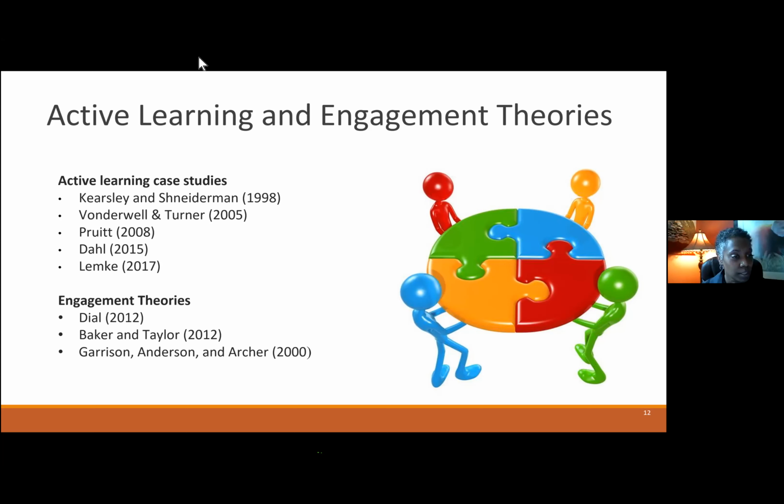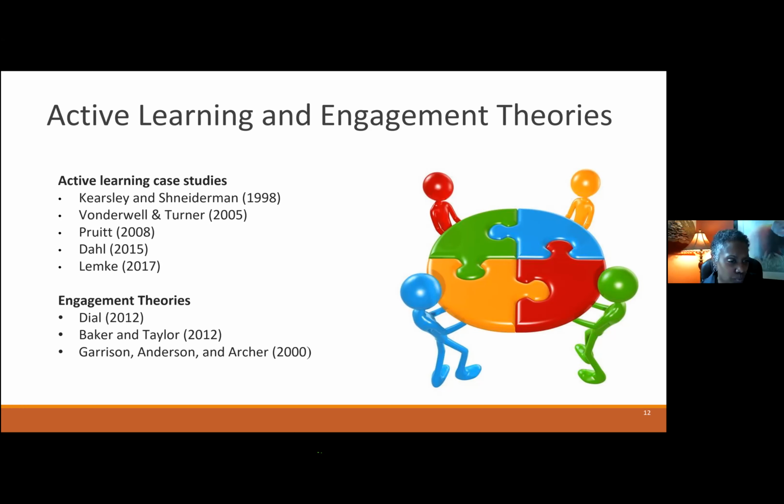Bonderwell and Turner did a qualitative study based on a theoretical framework from rich environments for active learning. Pruitt explored the application of cognitive developmental and mediated cognitive learning strategies in undergraduate online courses. This study focused on online interactions, discussion assignments, and multimedia components.